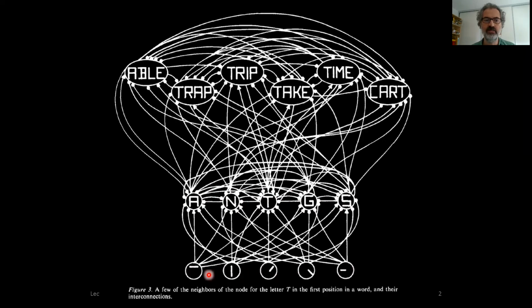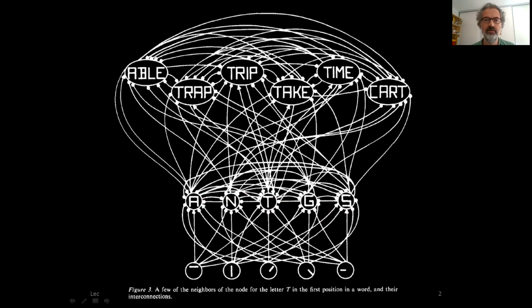So the features that you're looking at activate the letters that are compatible with them, inhibit the letters that aren't compatible with them, and so eventually the visual information for the letter R will suffice to activate the letter R unit up here and then be recognized.